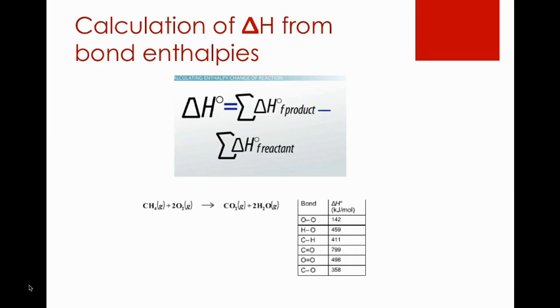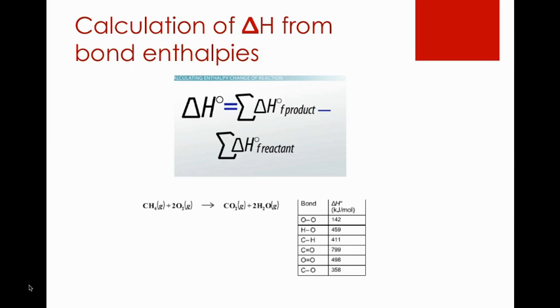So, calculation of delta H from bond enthalpies. We have seen this one before. We saw this one when we talked about reactions earlier this year. And the delta H of a reaction is the sum of the delta H's of the products minus the sum of the delta H's of the reactants.